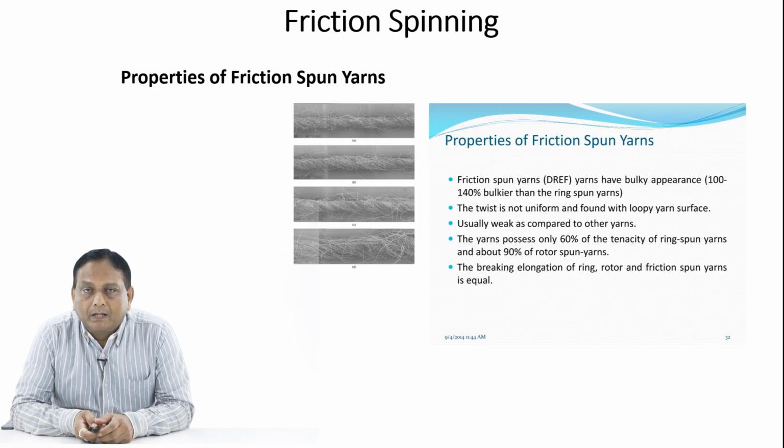Friction spun yarn has a little bit of a bulky appearance, and is bulkier than the ring spun yarn. The twist is not uniform and will differ, so on the yarn surface it will vary. The surface structure is a little different from ring spun yarn.